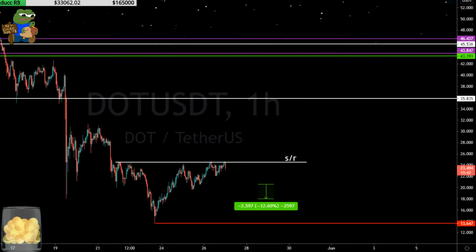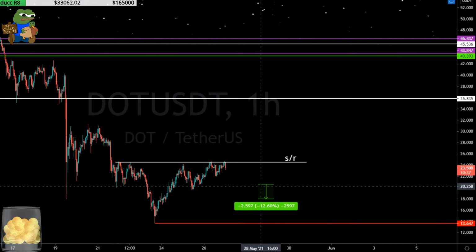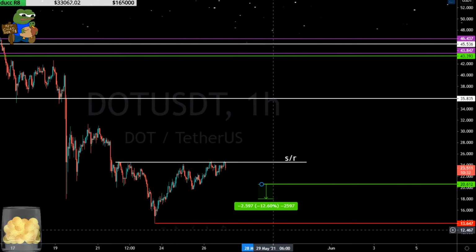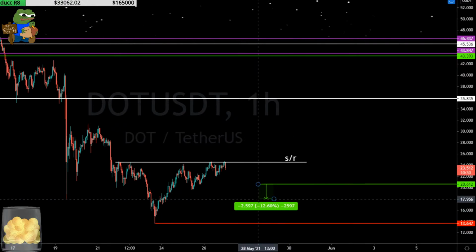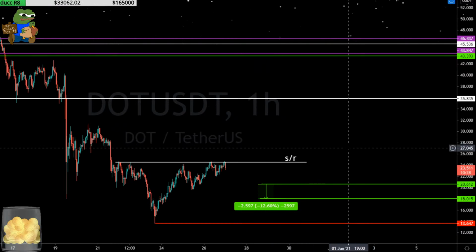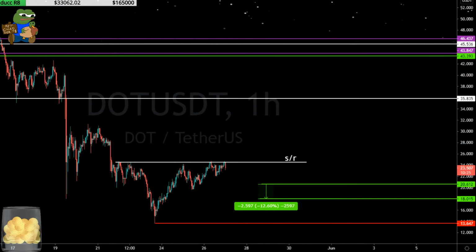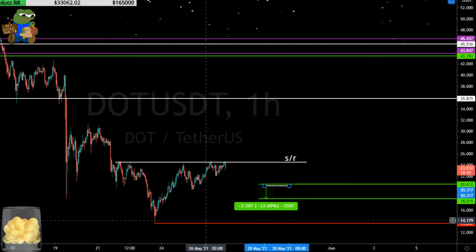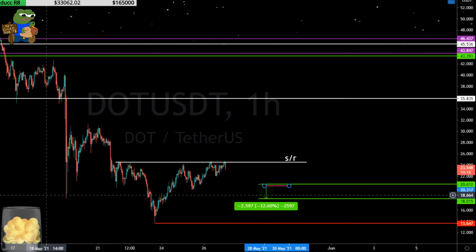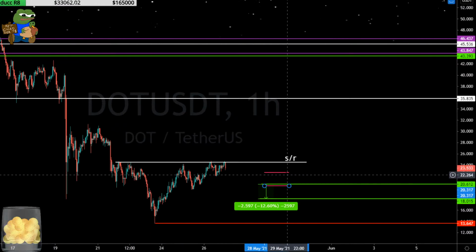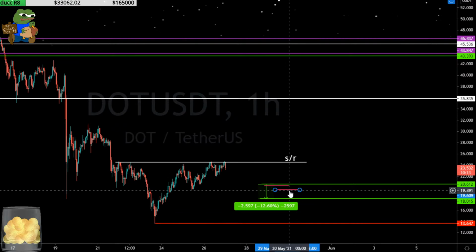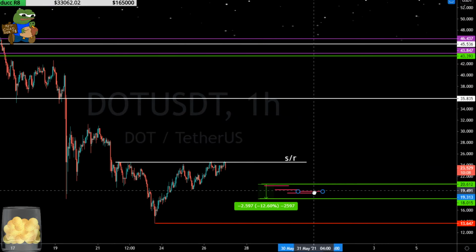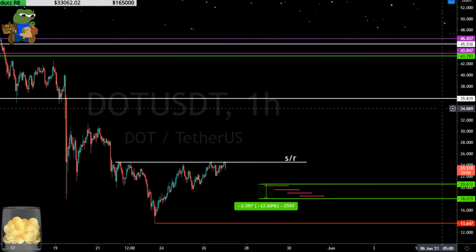Something like this on DOT, where you would reload between $20.60 and $18. Okay, so between 18 and 20.50, somewhere in here, you would just be reloading and layering in this zone, and trying to get a refill on DOT.